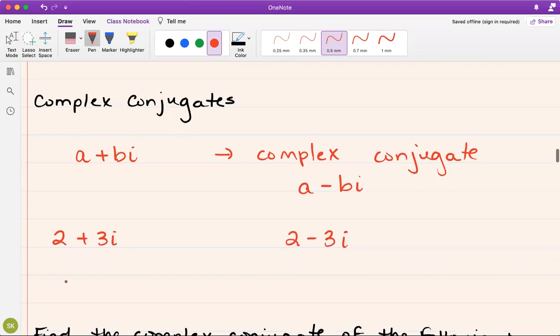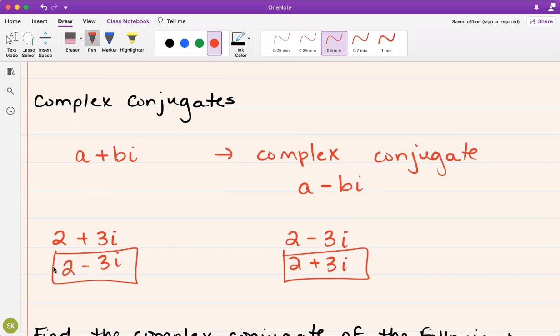And if I give you 2 minus 3i, you would tell me its complex conjugate is 2 plus 3i. So these are complex conjugates. So you just switch the sign of the imaginary part.